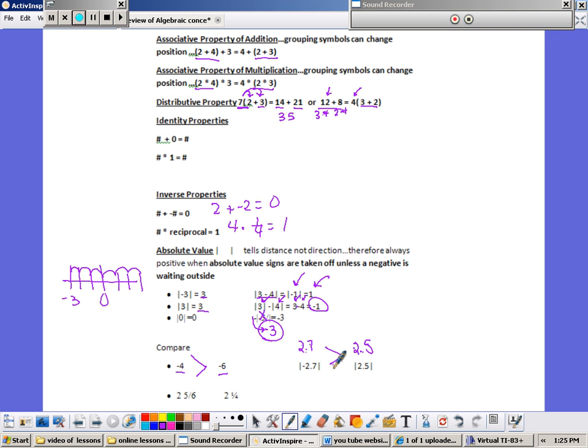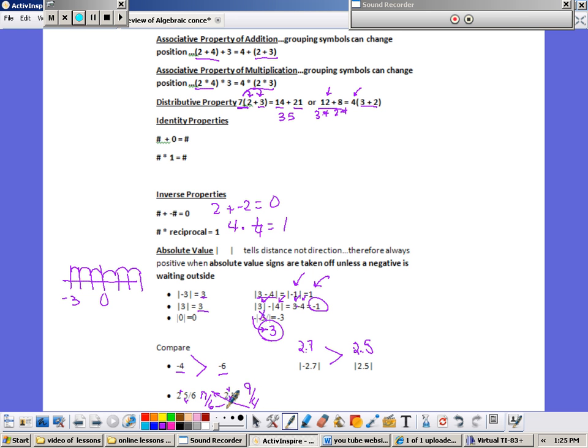What about fractions or mixed numbers? Well, one, we don't use mixed numbers in algebra, so you're always going to see improper reduced fractions. But fractions or mixed numbers are hardest to compare. So your choices are, you can change them to decimals and then compare them like I did the last one, or you can change them to improper fractions by multiplying and adding. 12 plus 5 is 17 over 6, and 4 times 2 is 8 plus 1 is 9 over 4.